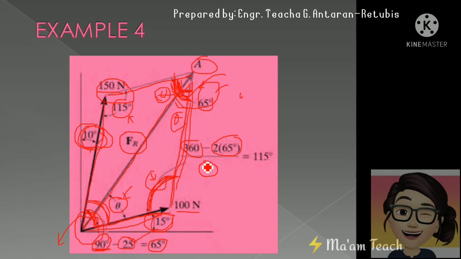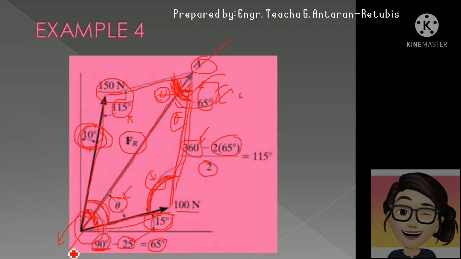Did you get it? Again, this 360 is the total angle of a parallelogram. Now, since we already have the value of 65 degrees, which is the angle of both sides here and here, the remaining unknown is this part right here, which is also equal.